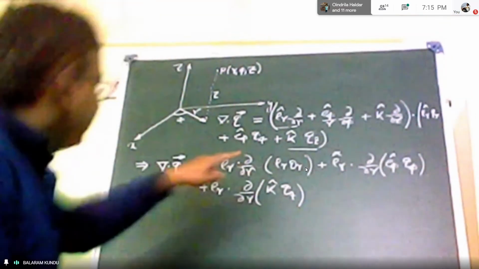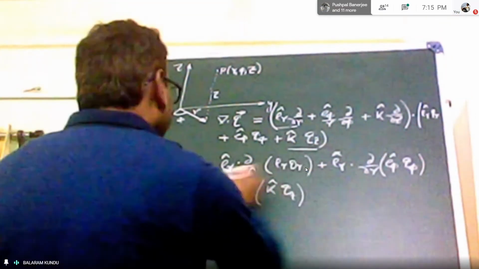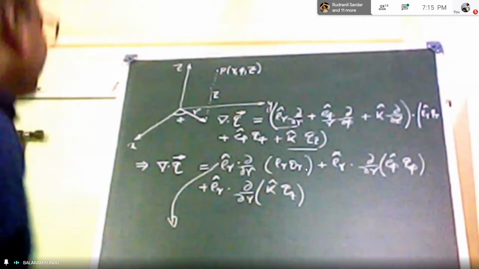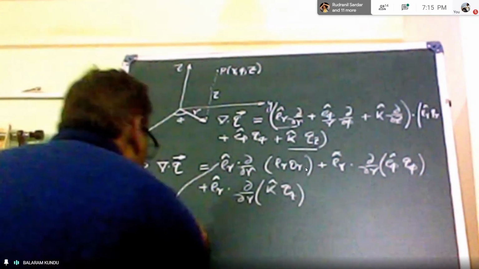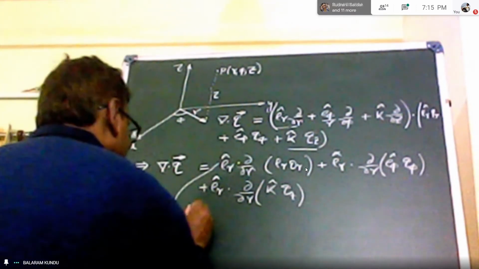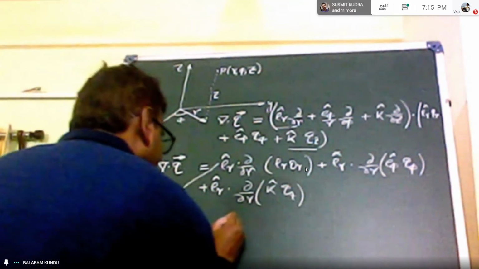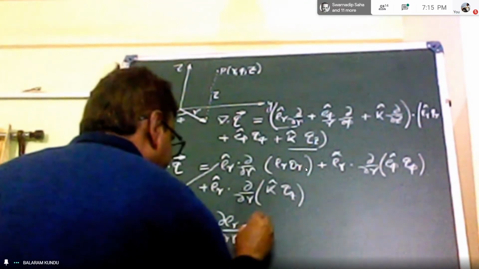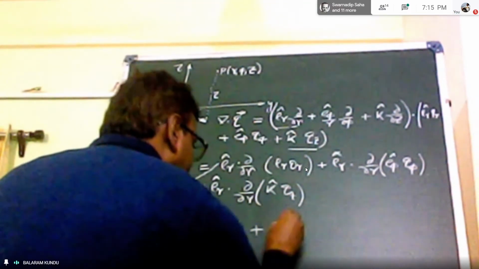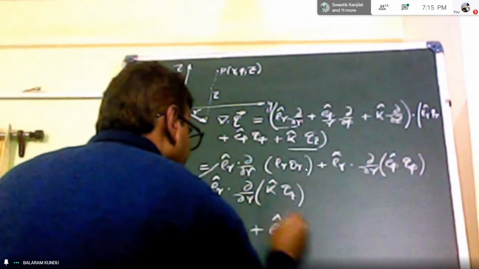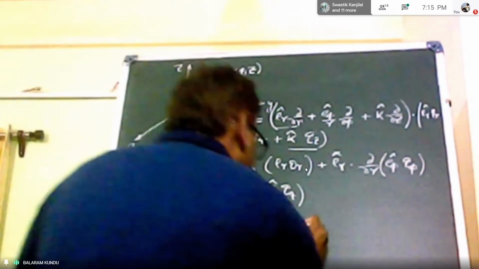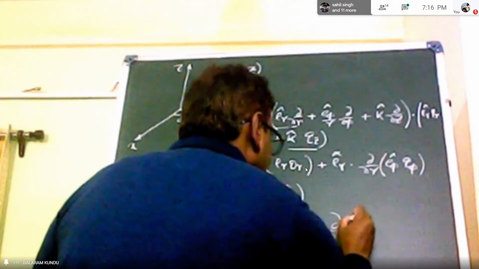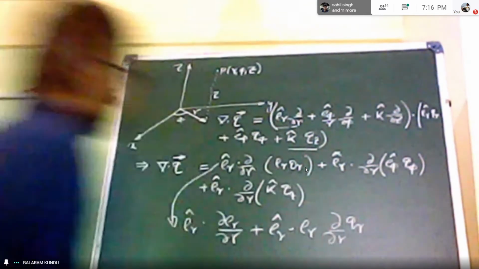So if we expand this first term again, then it will be what? e_r dot del e_r by del r plus e_r dot e_r, with del by del r of q_r.